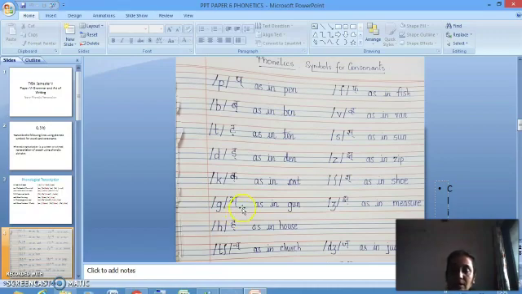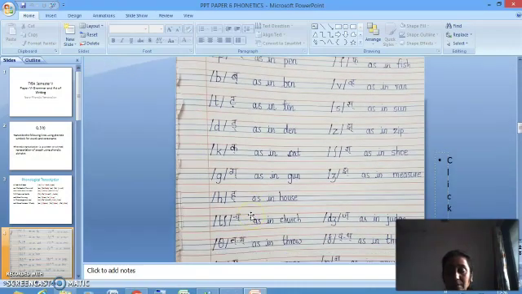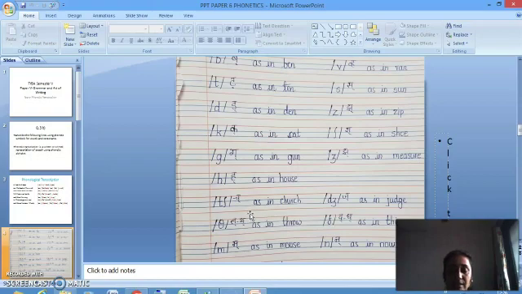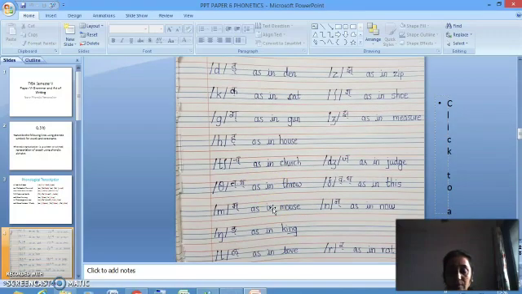So some are from Roman alphabet, and some they are borrowed from some Greek alphabets also. Some additional are there, like ch in church, th in throw.